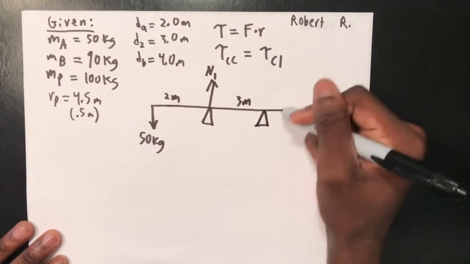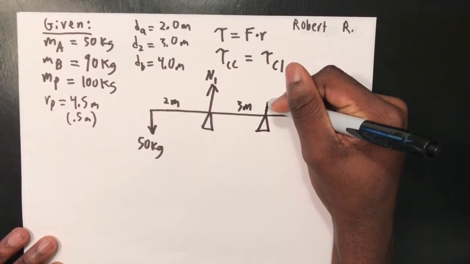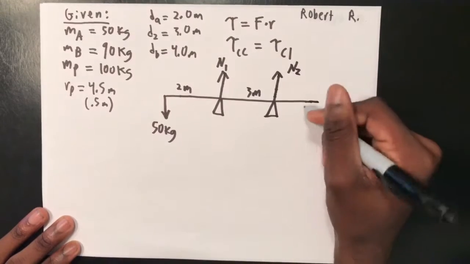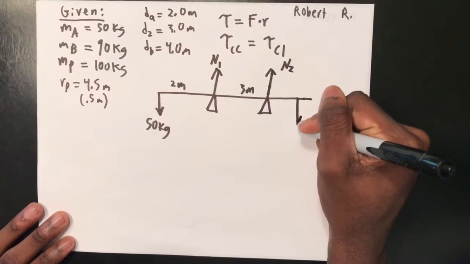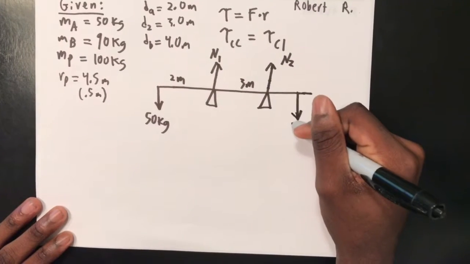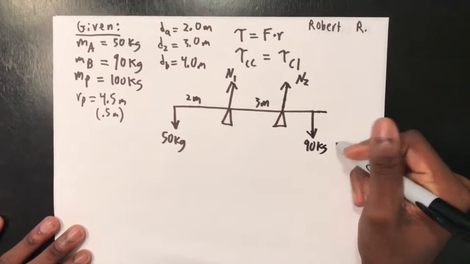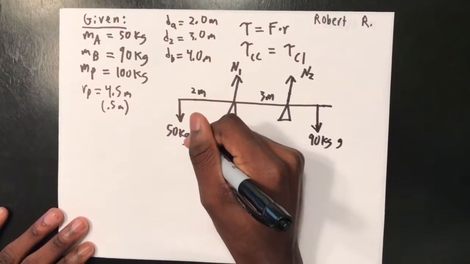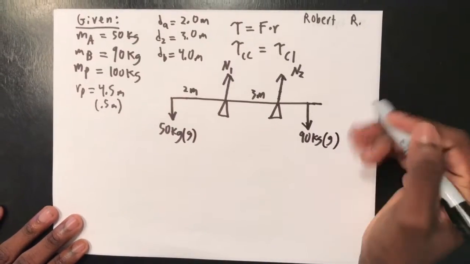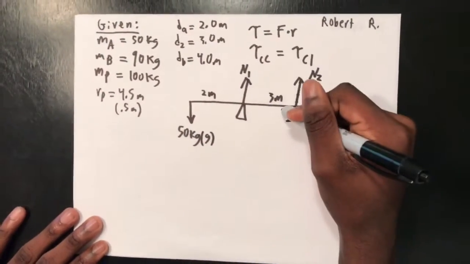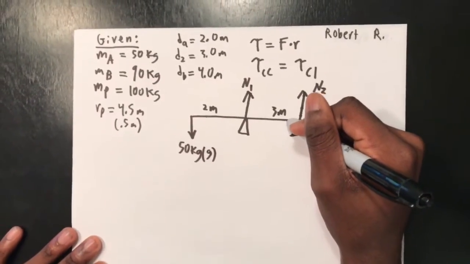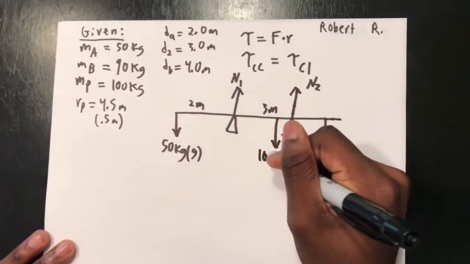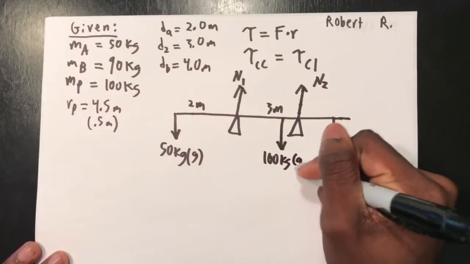We have our next support, denote that as subscript 2, as well as our main man Bo, 90 kilograms. This is also times g of gravity. And we also can't forget about the plank, which we said is about 0.5 away, roughly right here. So we have 100 kilograms times g.